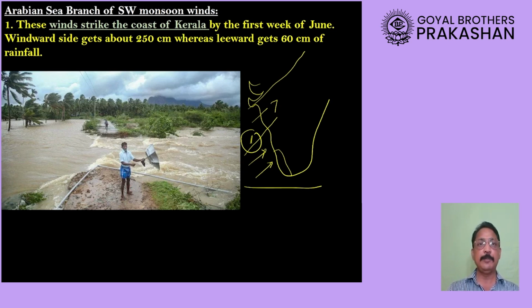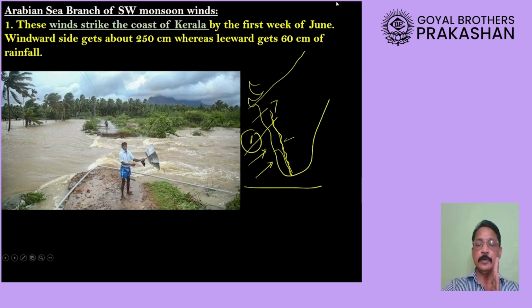Second important thing we have already studied, here is a presence of Western Ghat. So the windward side of the Western Ghat, the side where these winds are going to strike, receives more rain, almost 250 centimeter.